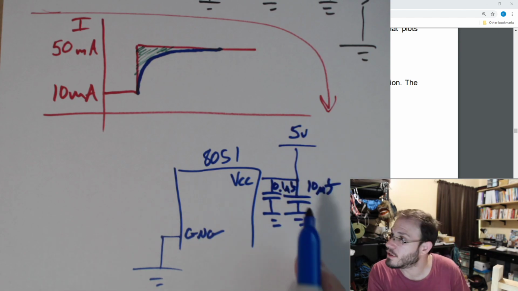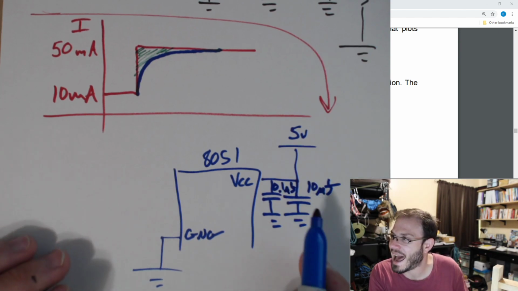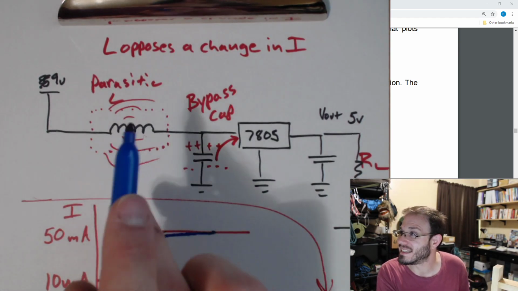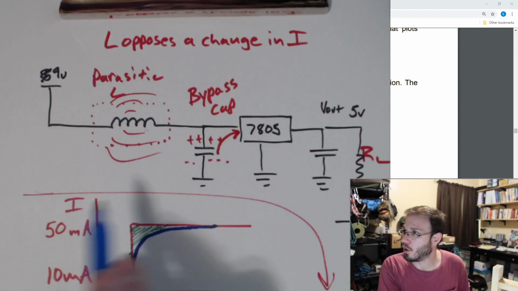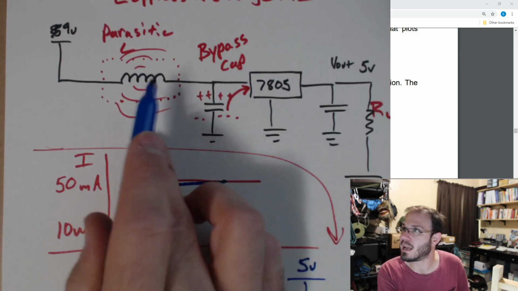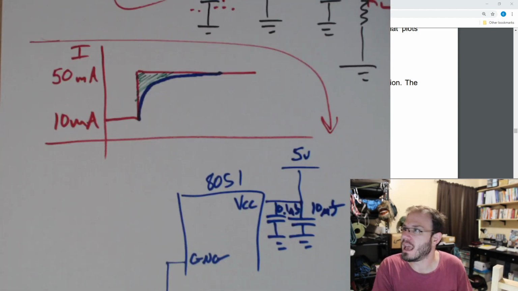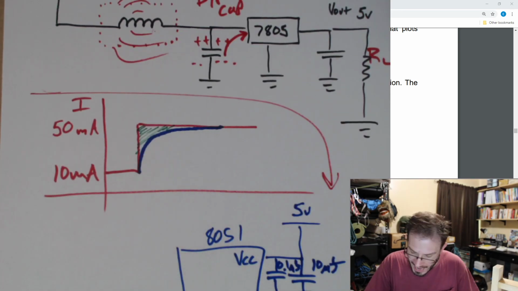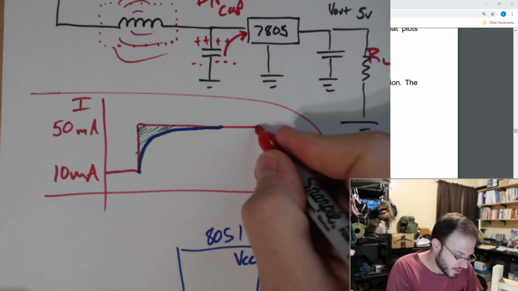But what you're going to see is some bypass caps being added in order to address this issue, because anytime I have a long wire on a circuit, I'm going to end up with this parasitic inductance, and that parasitic inductance is going to cause this problem as current changes.